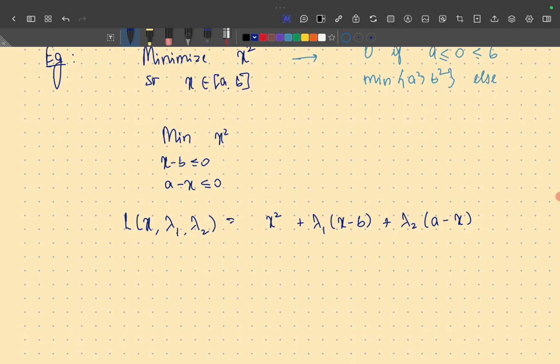Okay. And g of lambda 1, lambda 2 is the infimum over x in R of this particular quantity.